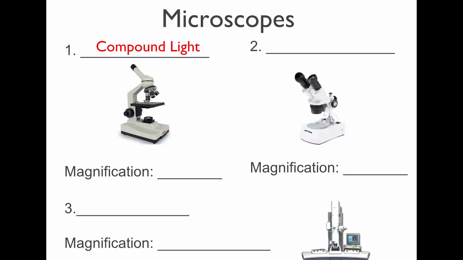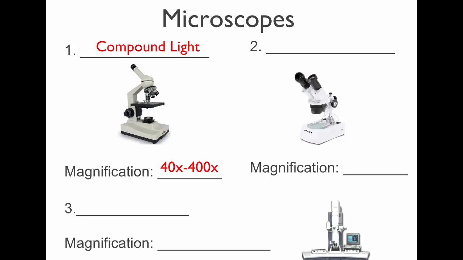The microscopes that we use will be like this. These are the compound microscopes we'll use. And their magnification can go from 40 times to 400 times. That means when we're using low power, what we see in here is going to be 40 times larger than the actual object.